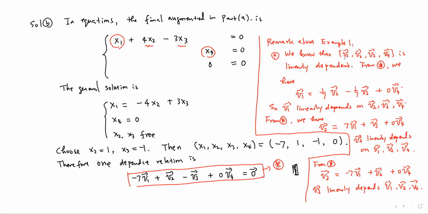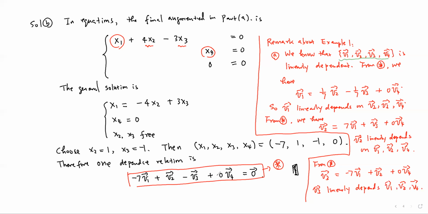So this set is a linearly dependent set. From this example, we see that some vectors linearly depend on the other vectors.